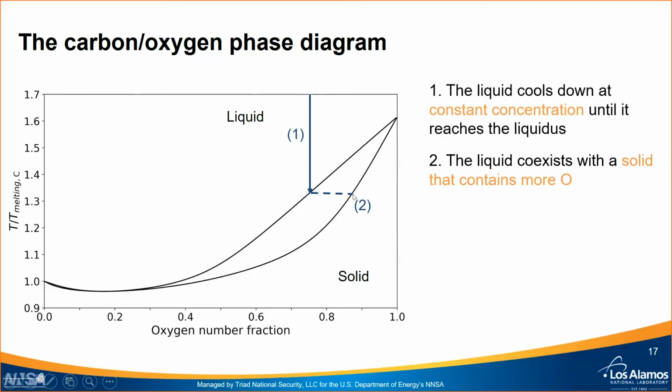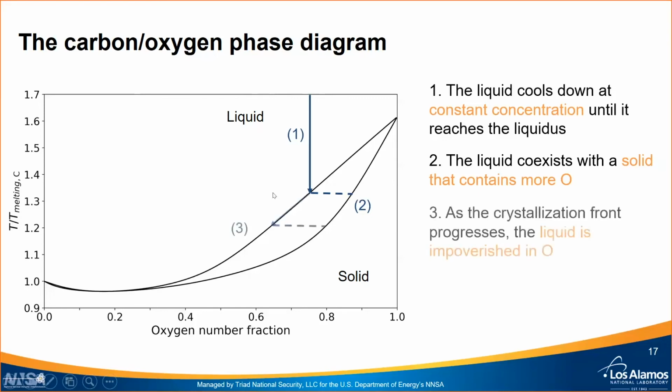Now, because we have formed some crystals that are enriched in oxygen, it means that in our liquid we have lost a bit of oxygen, so we are moving to the left along the liquidus line. So the liquid is being depleted in oxygen, and this process will continue for many millions of years.